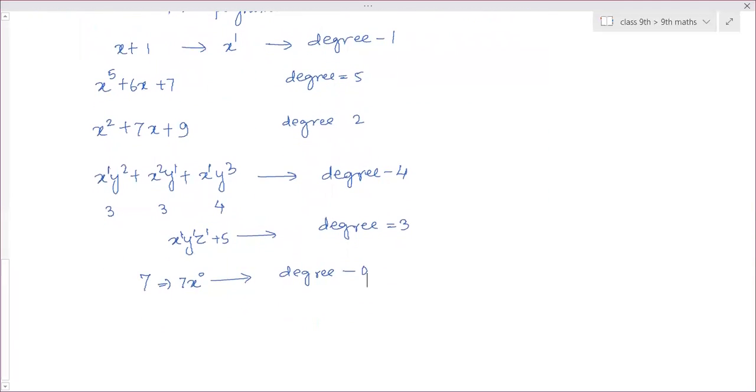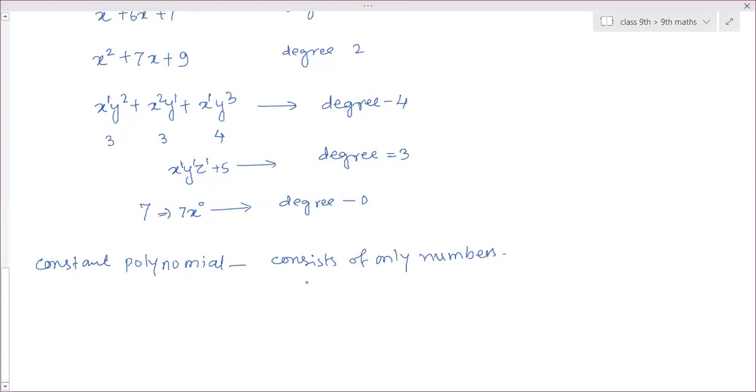So when only a number is present in a polynomial, then that is called a constant polynomial. Constant polynomial means it consists of only numbers, no variables.